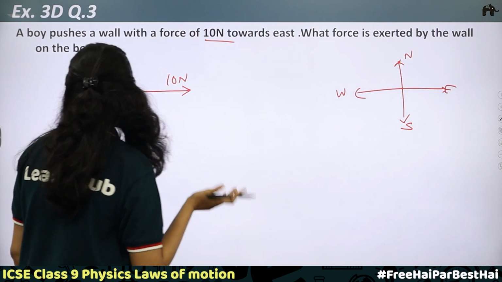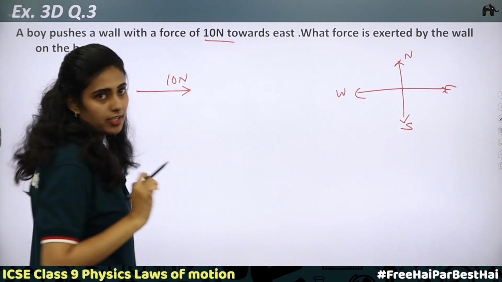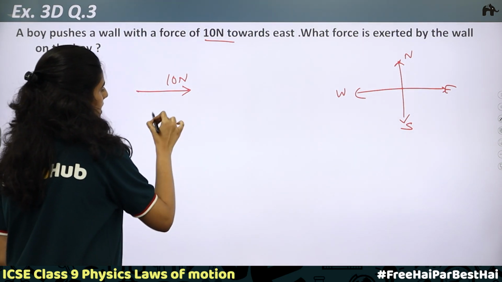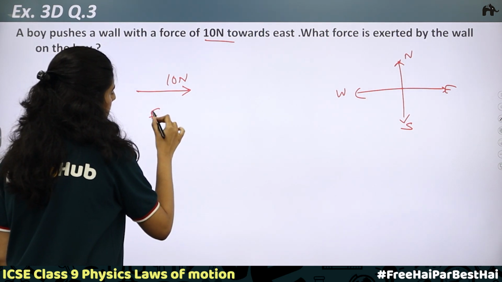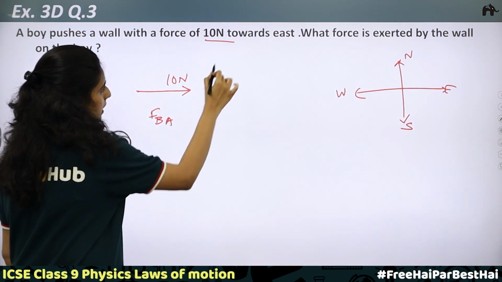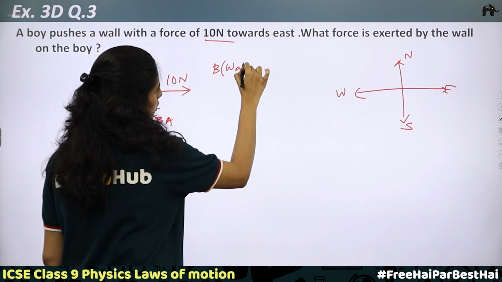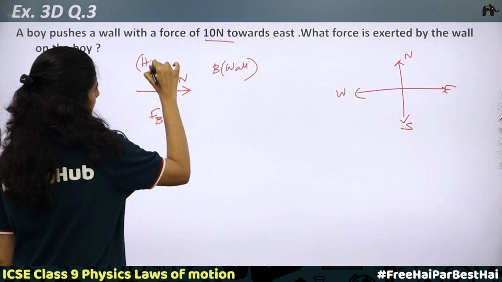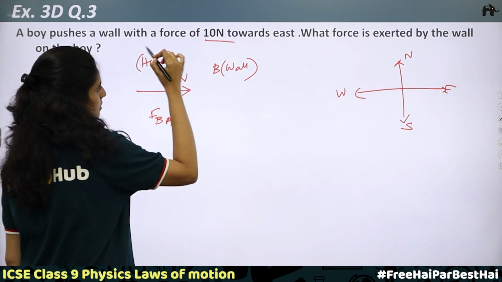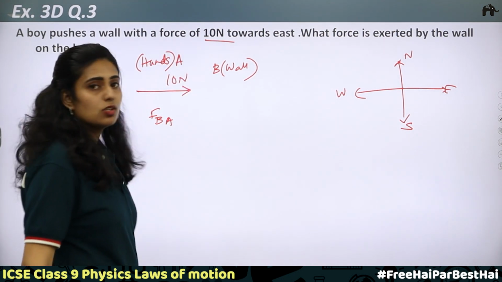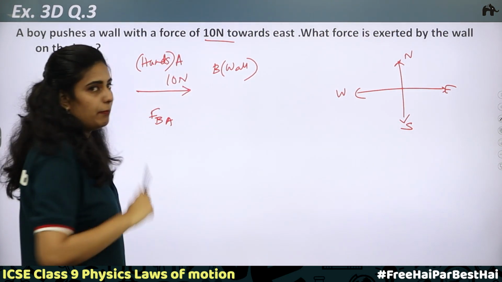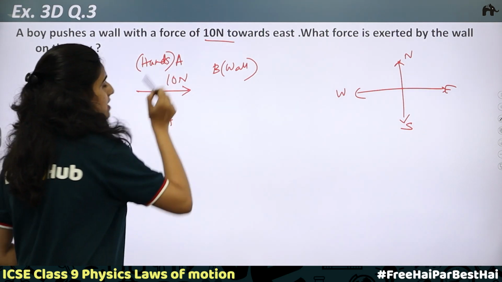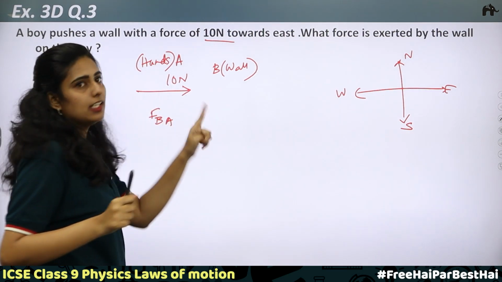What force is exerted by the wall on the boy? Let us take the wall as the second object, B, and his hands as the first object, A. So FBA is the force applied on the wall by the boy with his hands, which is 10 Newton east.